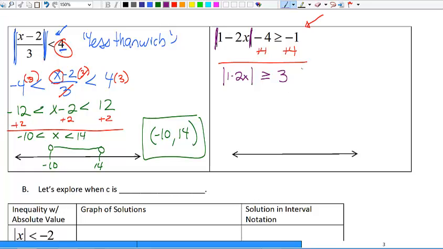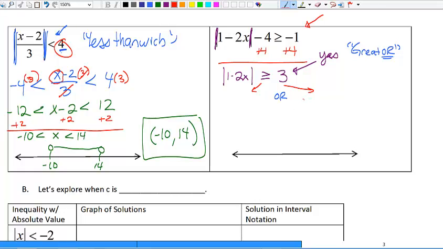Now at this point, I need to look at my 3. Is this positive? Well, yes, this is positive, so I can keep going. Then I have to decide, is this a less than which or a greater? Because my inequality is a greater than symbol, I know that this is a greater problem. So because it's a greater, I'm going to use my or symbol, and I'm going to break this up into two inequalities without any absolute value symbols.